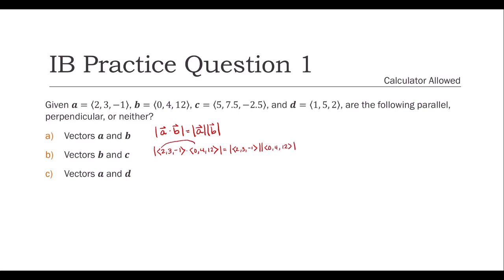So 2 times 0 is 0, plus 3 times 4 is 12, and then -1 times 12 is -12. So we can already see here that the dot product is 0, so we can immediately go to the fact that they're going to be perpendicular. So we'll write that here, perpendicular.